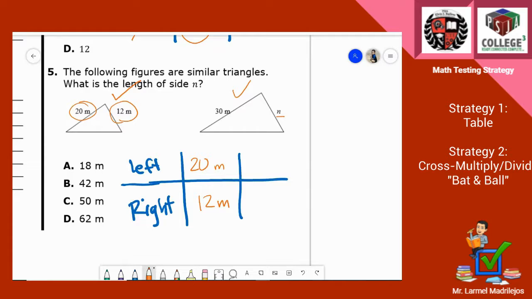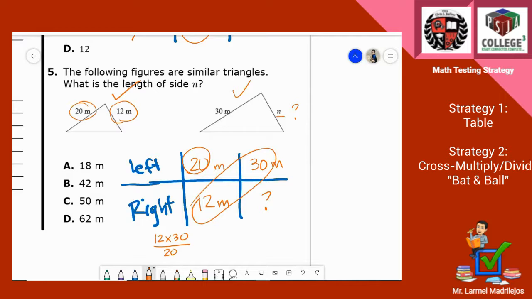On the left side, it's going to be 30 meters, and on the right side is the unknown. We're looking for that. Same strategy. Bat in the ball. 12 times 30 divided by 20.